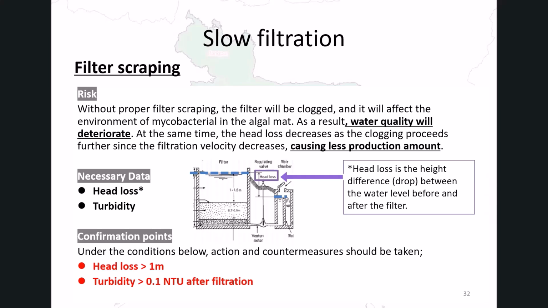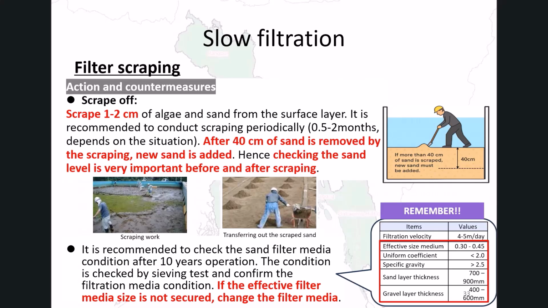Action and countermeasures have to be taken when head loss exceeds 1 meter or turbidity after filtration exceeds 0.1 NTU. Once you find the situation is not satisfying based on the data and criteria, these actions and measures will be taken.